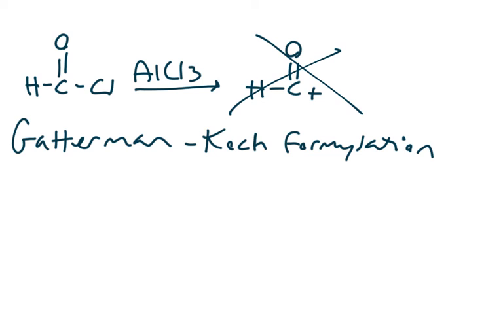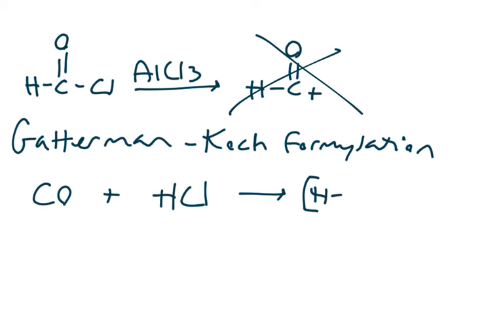And in this guy, we have carbon monoxide and HCl. Don't try this at home. And we're going to get the formyl cation in this way. And apparently somehow this way is easier to make the formyl cation.